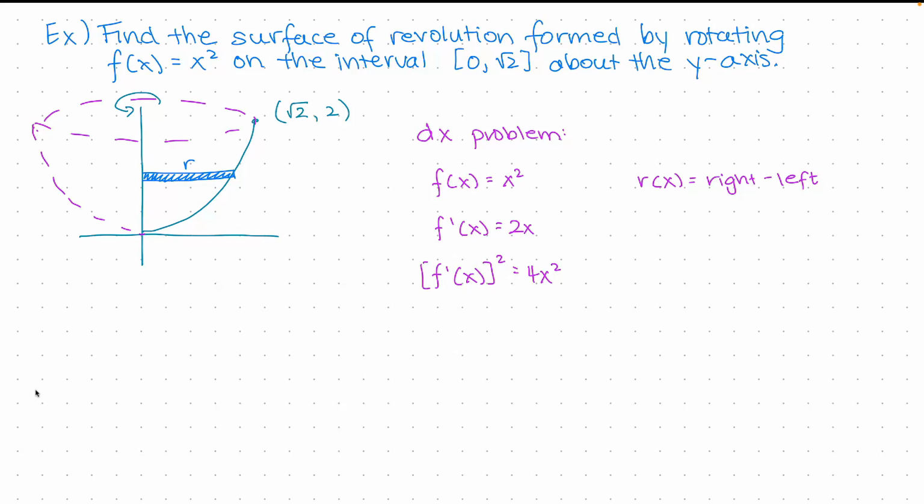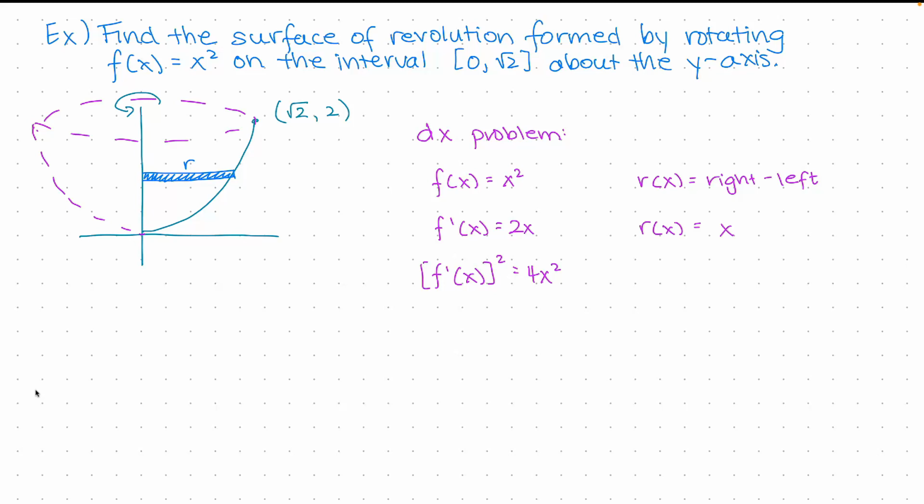It's just, we're going to put the right function and the left function in terms of x. So what do you think, looking at the picture and where that rectangle is that represents the radius, what do you think we're going to use to represent the right part of the radius? This is where it can get a little weird. Yeah, it's x.